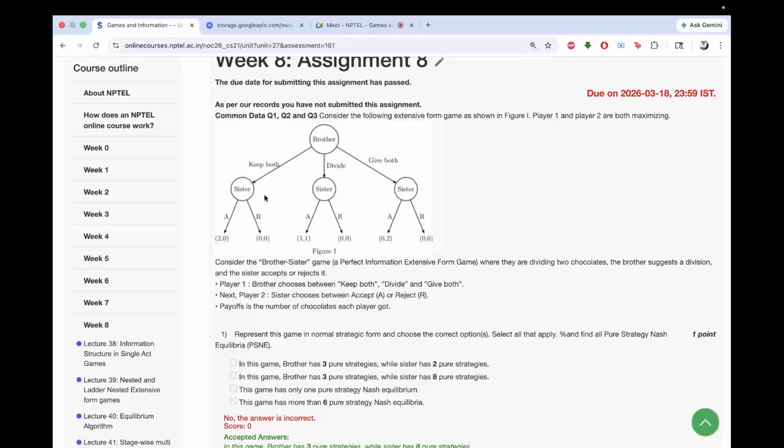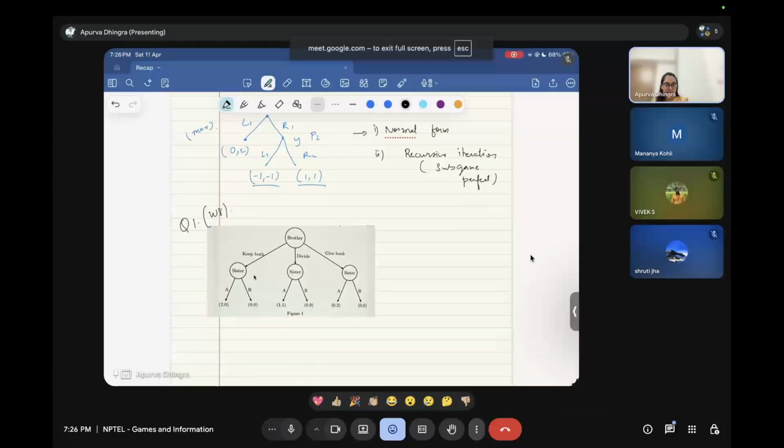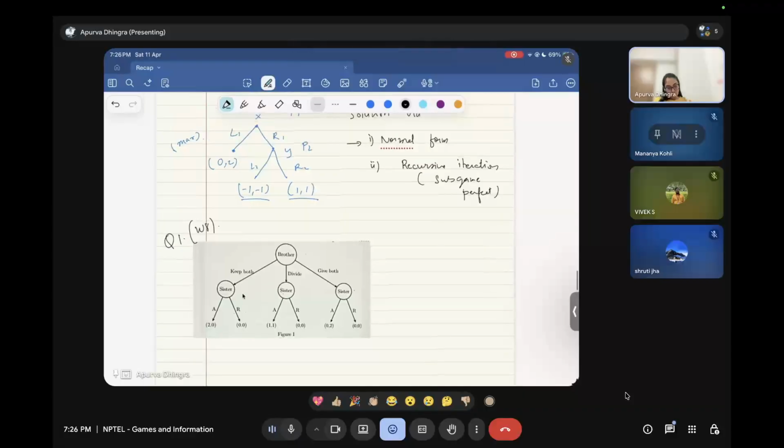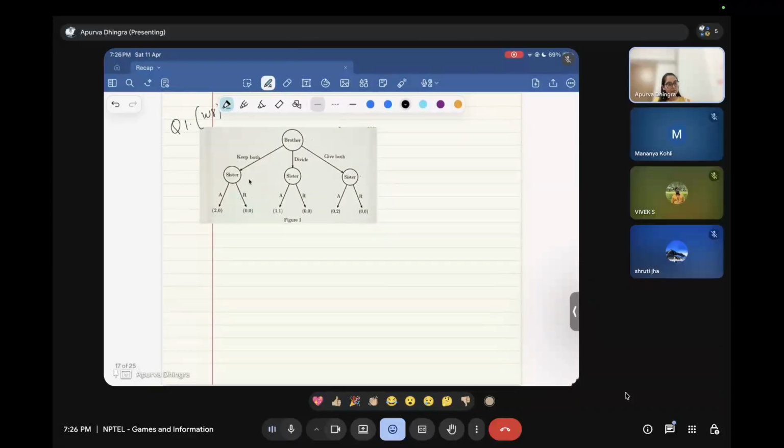So this is question 1 from week 8. If you are asked to solve it in normal form, what that means is you're supposed to write the full matrix, and that means you're supposed to look at all the strategies. Here, player 1 is the brother, player 2 is the sister.